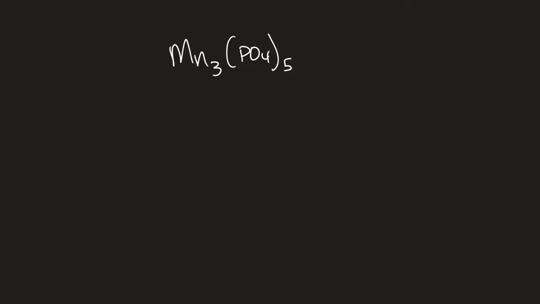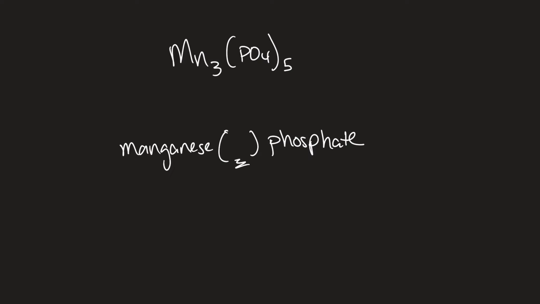Remember, as I said before, you want to make sure that you figure out the charge of your cation, because that charge is going to become the Roman numeral. So we know it's going to be manganese ion, something. This is your polyatomic phosphate. So let's figure out what this Roman numeral is.